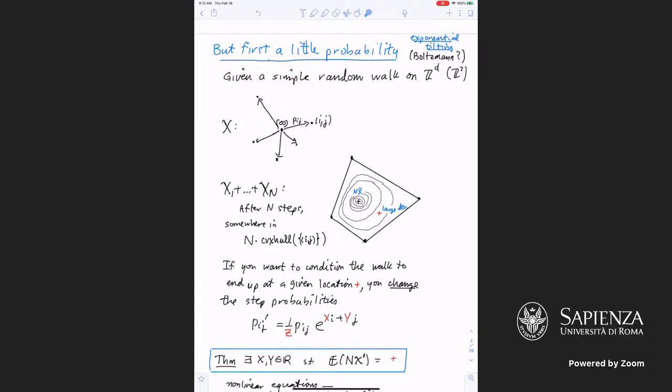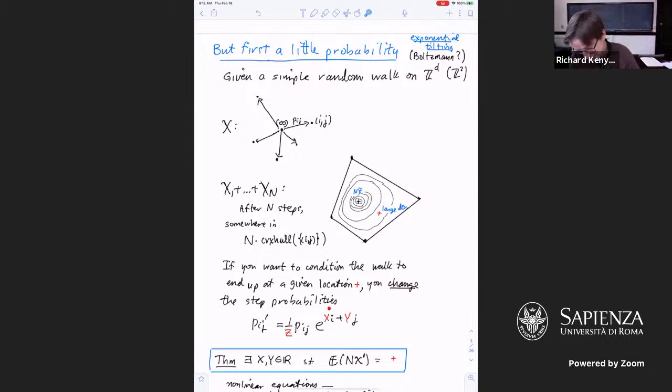then you can achieve the same measure by just adjusting the step probabilities by an exponential weighting. So the original step probabilities are p_ij, those are the ones which get you to (i,j).